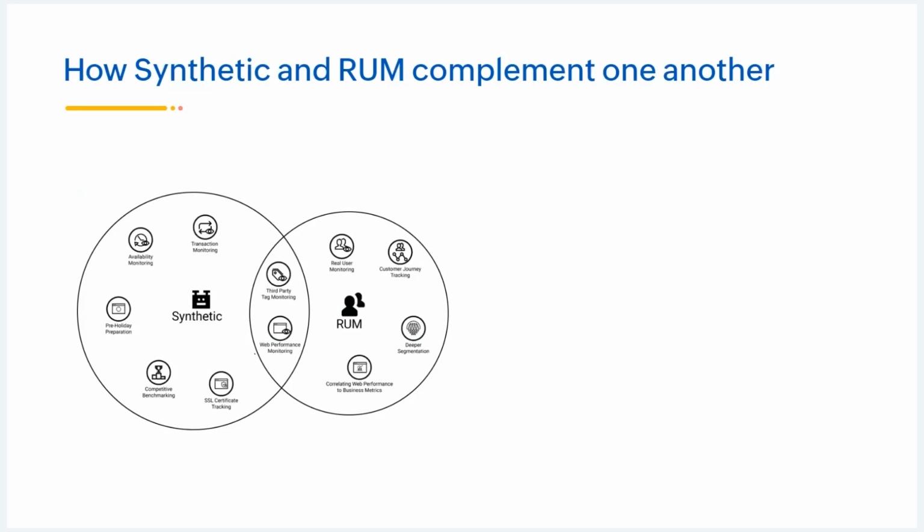First, let's talk about correlating business with performance. Synthetic monitoring offers performance data that helps identify issues like slow page load times and network bottlenecks. However, to understand how your web performance affects your business revenue, you need more than just synthetic transaction monitoring.